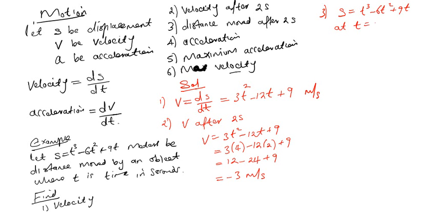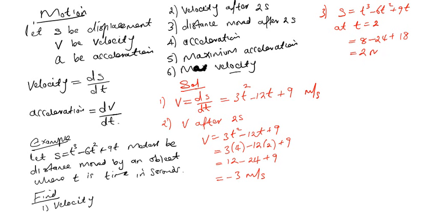So what does it give us? This one gives us 2 power 3 is 8 minus 6 times 4 is 24 plus 9 times 2 is 18. So this is 26 minus 24. The answer is 2 meters.